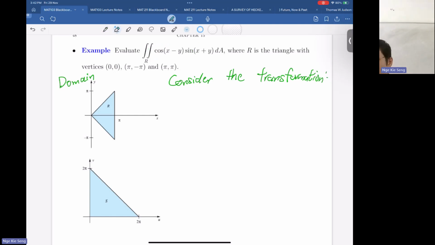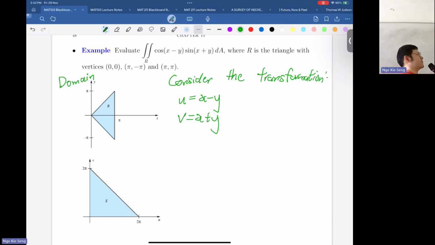Inside we've got x minus y and x plus y. So why not we just introduce new variables, u equals x minus y and v equals x plus y, so that my cosine and sine only depend on one variable instead of two. So I reduce the complexity there.